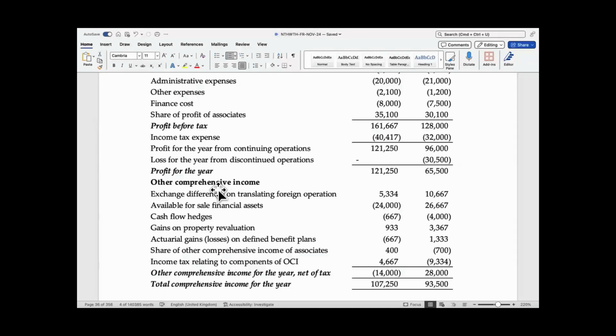And out of all these I've mentioned here, the only one I will teach you in this class is gain on property revaluation. That's the only one you will learn. Every other one, you will learn them when you get to professional level. Or maybe we might talk about available for sale financial assets, which are financial assets held at fair value through OCI, but we would learn that as we move forward.